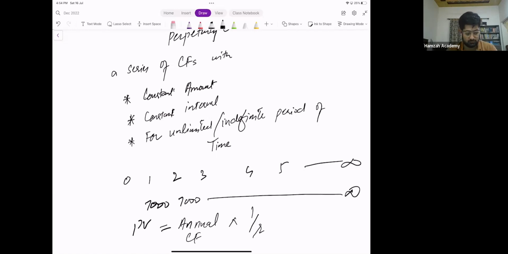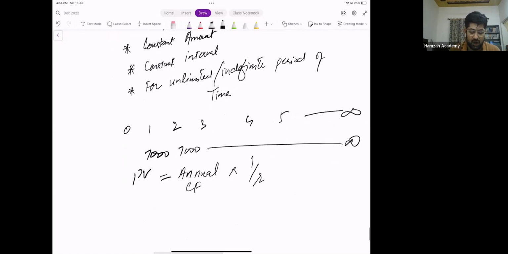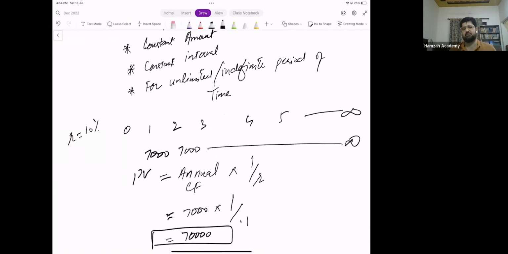So R is, for example, here 10%: 7,000 into 1 over R, 70,000. This is the answer.